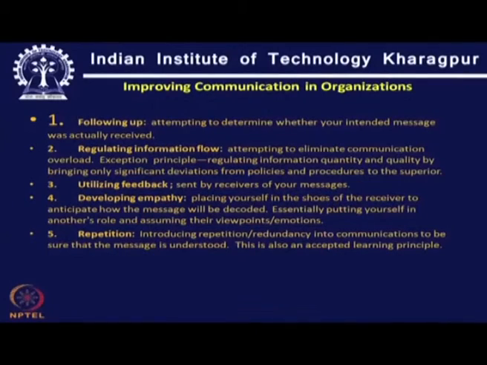So we have to understand where we need to stop and how we need to balance all these activities while we are talking of communicating in the organization.